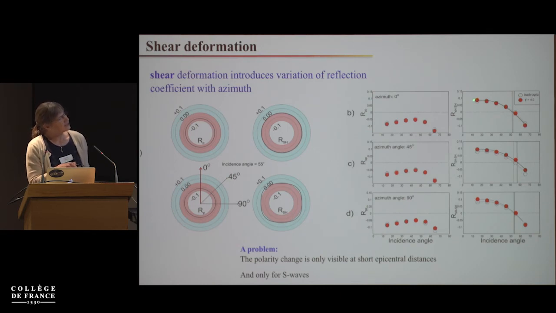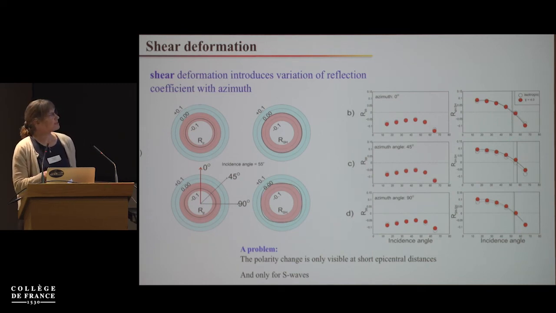That's shown here. You can see that the transition where we go into positive or negative reflection coefficients actually changes with the angle of incidence, which we can translate into the distance.